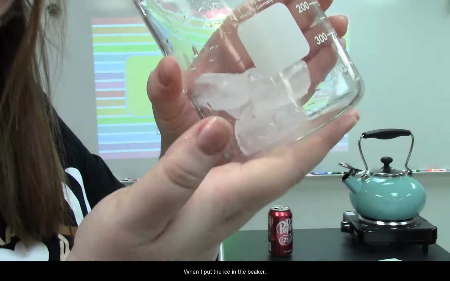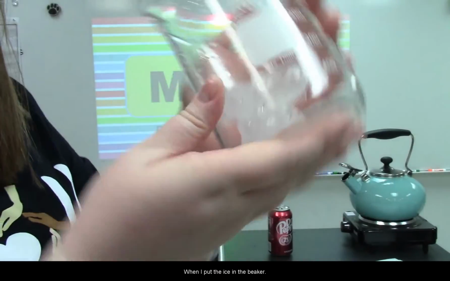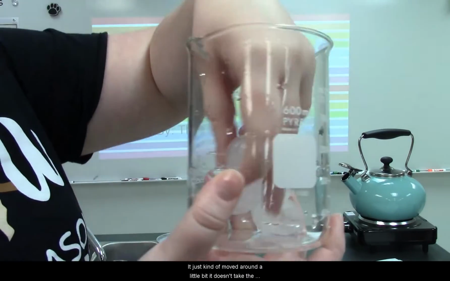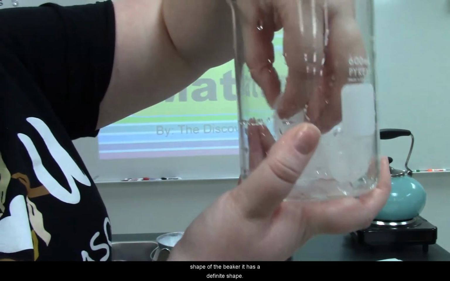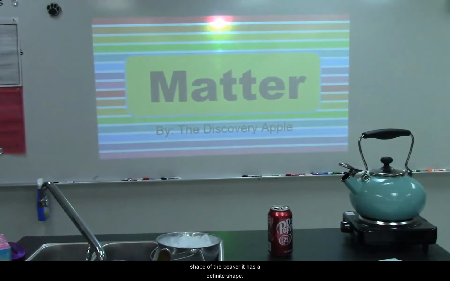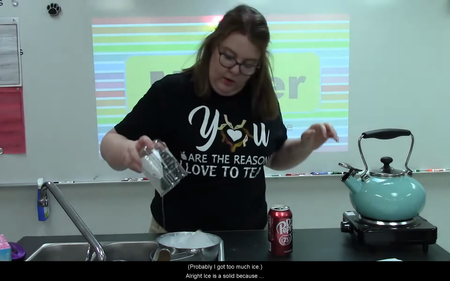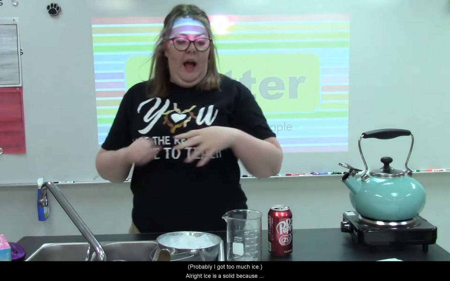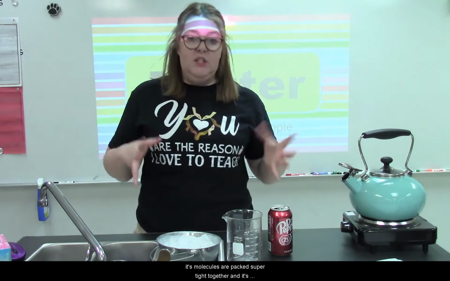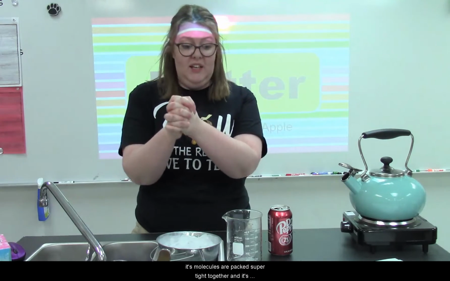When I put the ice in the beaker, it just kind of moves around a little bit. It doesn't take the shape of the beaker. It has a definite shape. Probably I got too much ice. Ice is a solid because its molecules are packed super tight together.